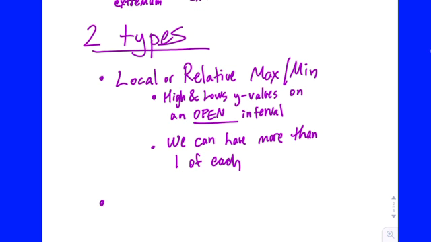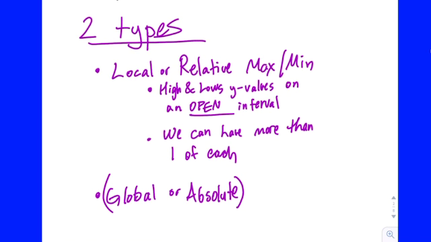The other type would be, going along with the word local, we would have the word global. It's a G. Here we go. Global, or to coincide with the term relative, we would use the term absolute. And I'm going to put those in parentheses. I'll say why here in a second. Max or mins.